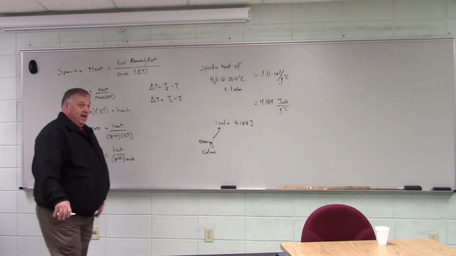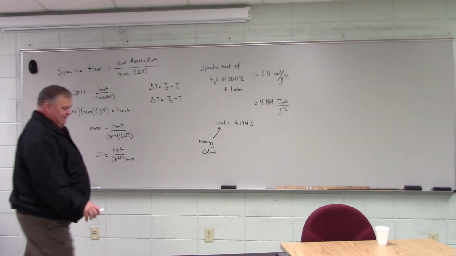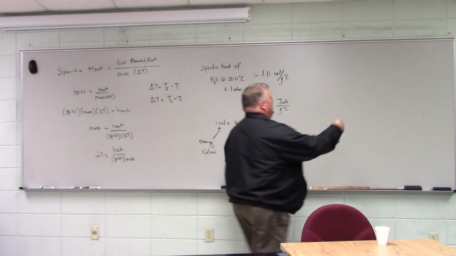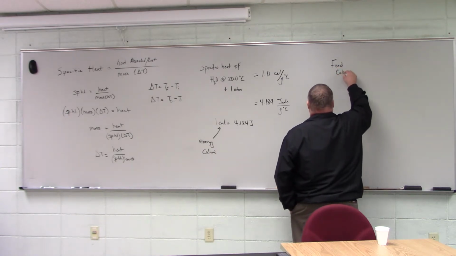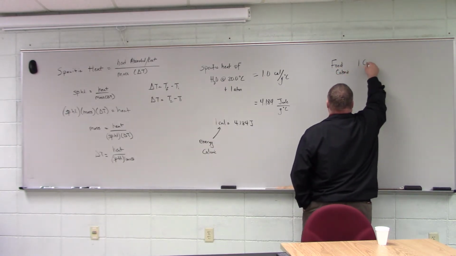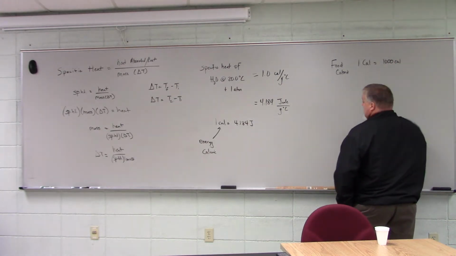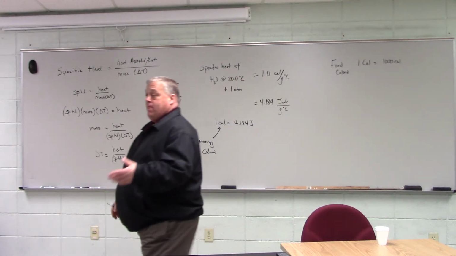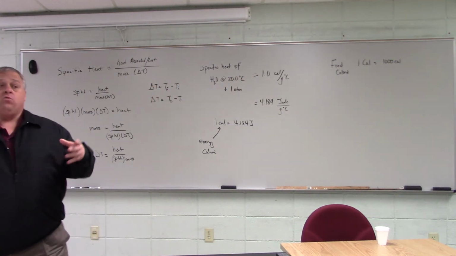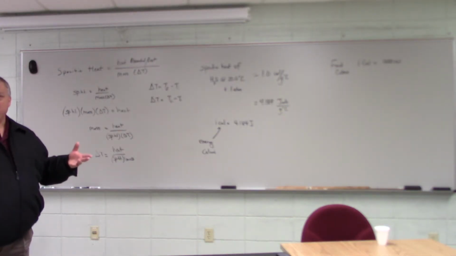An energy calorie is much different than a food calorie. A food calorie is 1,000 energy calories. Okay? So if you were to go buy a Coca-Cola in a 12-ounce can and you were to drink that can, it's got somewhere around 200 calories.